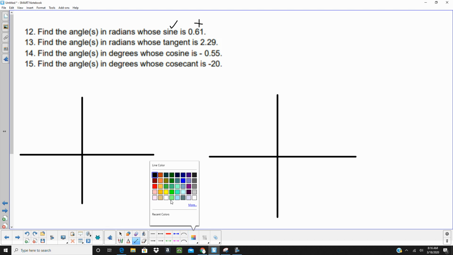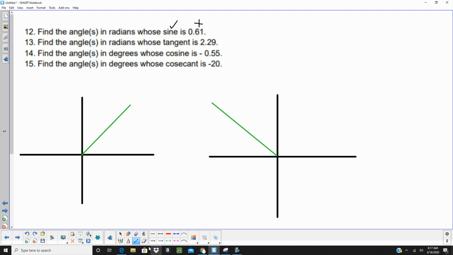So let's do this one in green. So I know it's going to be in quadrant 1 because that's where my y-coordinate is positive, and it would also be in quadrant 2. So what I am actually finding is this angle right here and that angle right there.